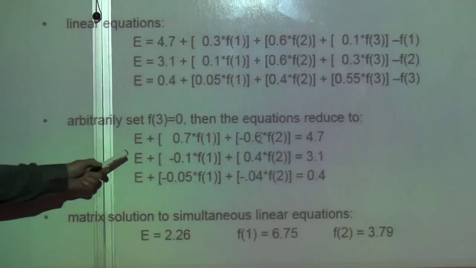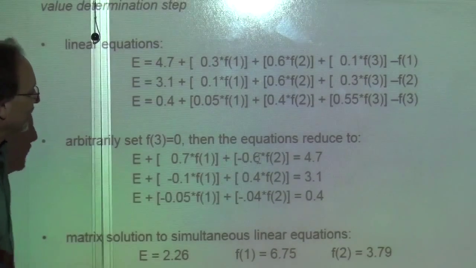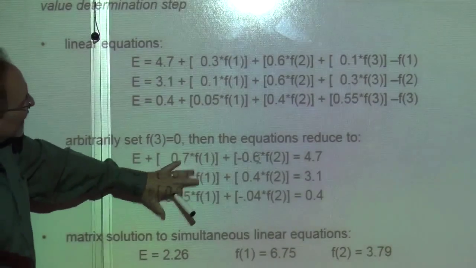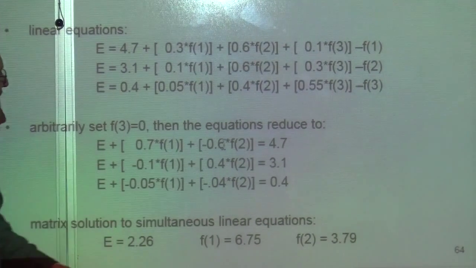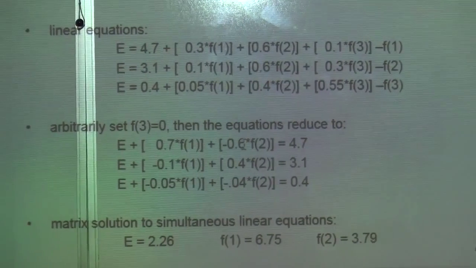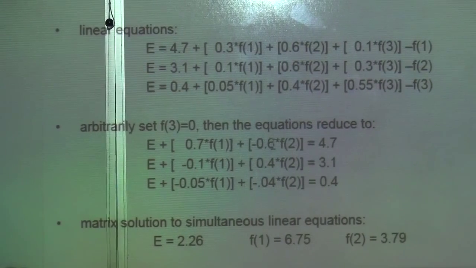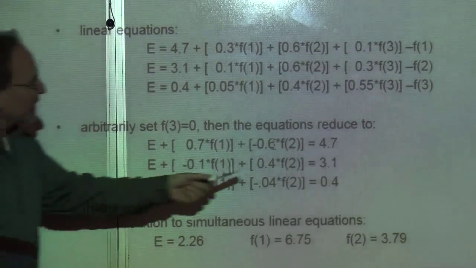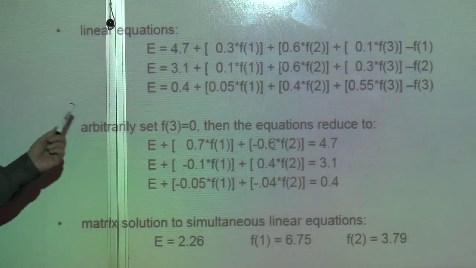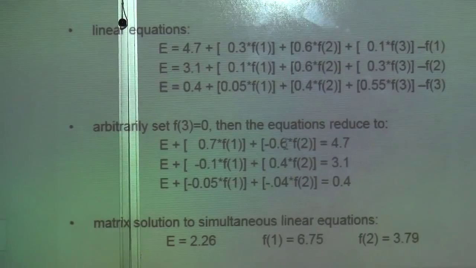And your 3 unknowns, E, F1, and F2, are now in the body of the linear equations. Now that 1.7 and -0.6 is what I called the A matrix that I inverted and found the determinant, et cetera, et cetera. And this is what I called the B matrix, which then I multiplied by the inverted matrix.